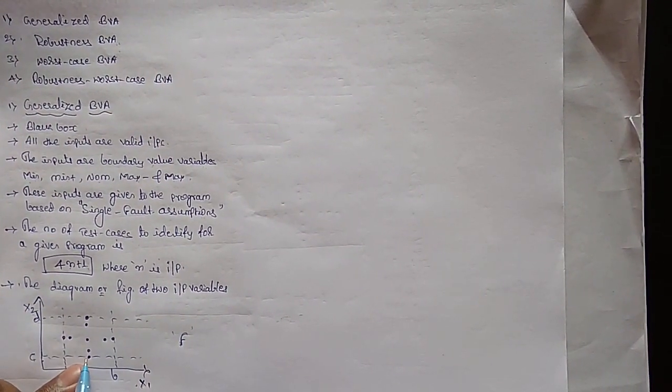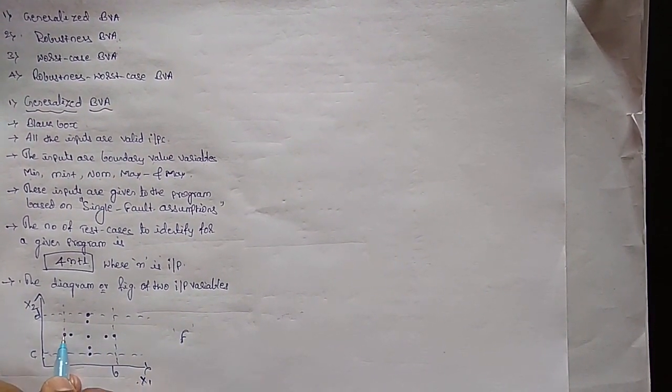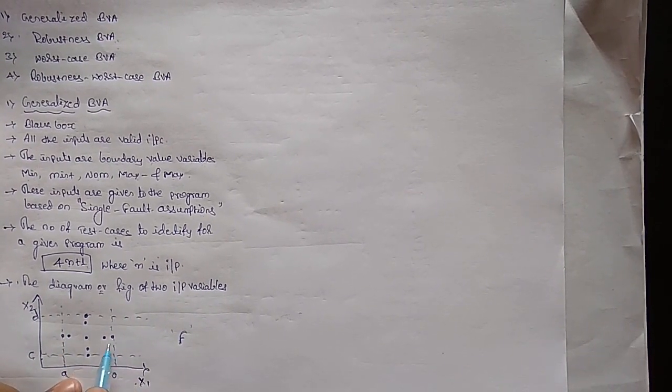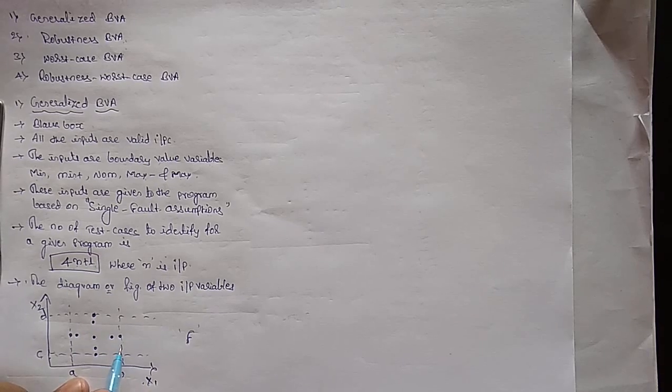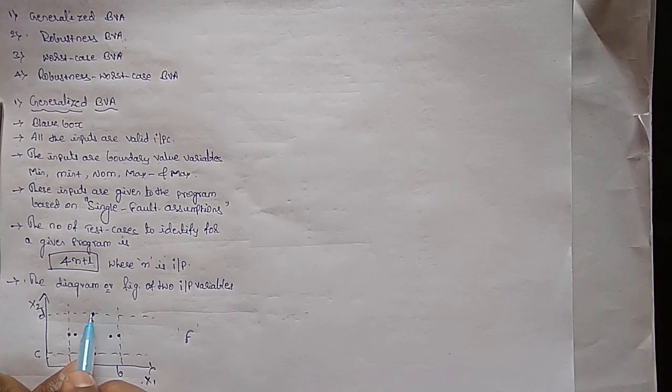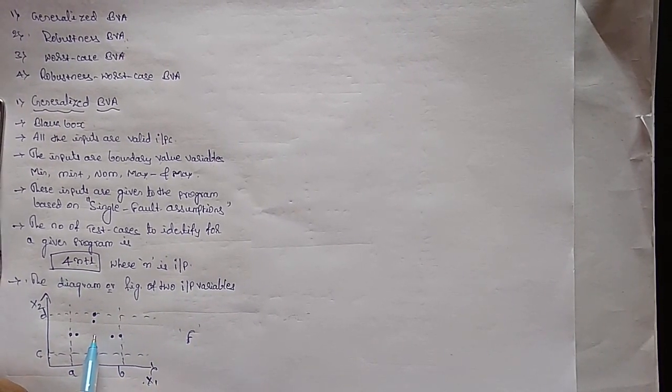Here you can see I have pointed 1, 2, 3, 4. These 4 are the points where we selected the 4 input variables on the borders, like upper limit or lower limit. The dot in the middle center indicates the nominal value.